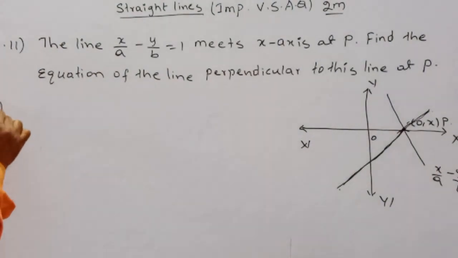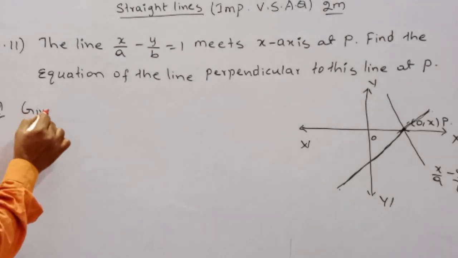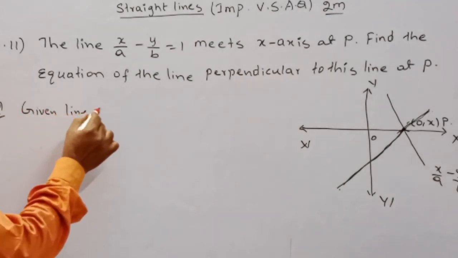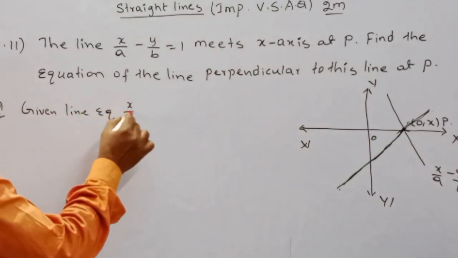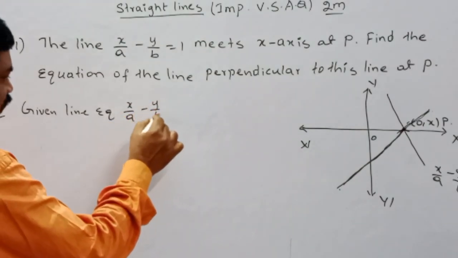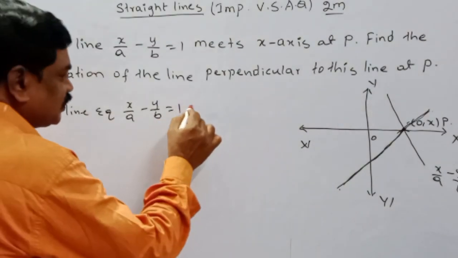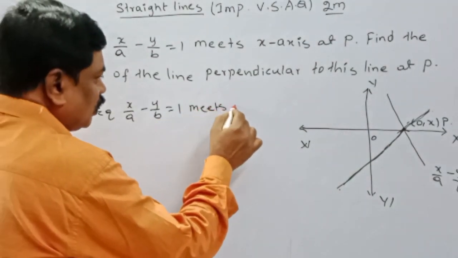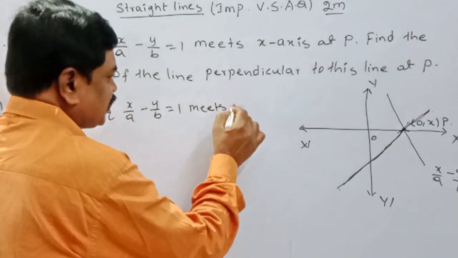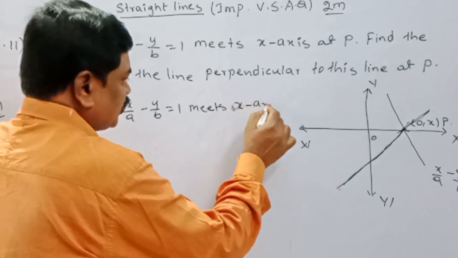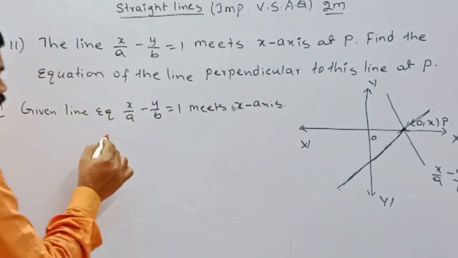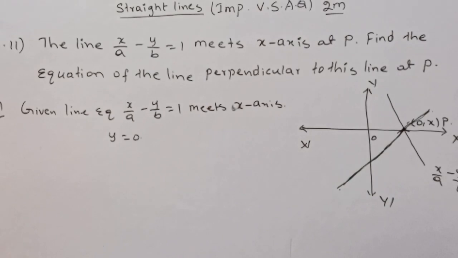Given the line equation x by a minus y by b is equal to 1 meets the x-axis. X-axis means y is equal to 0.